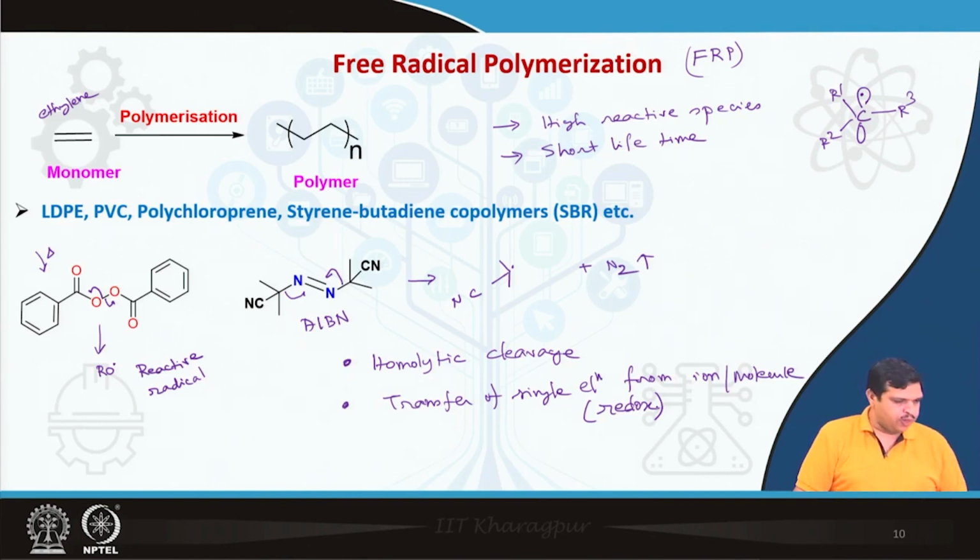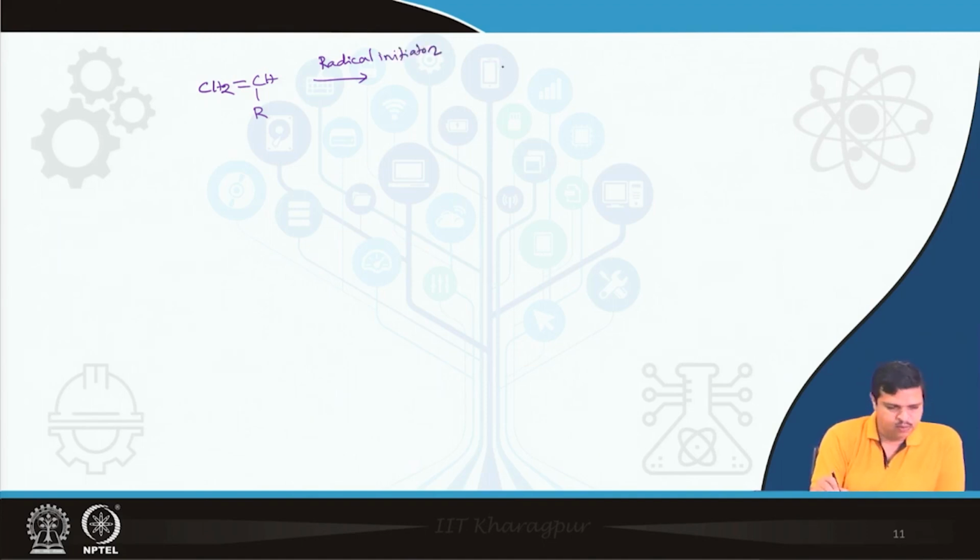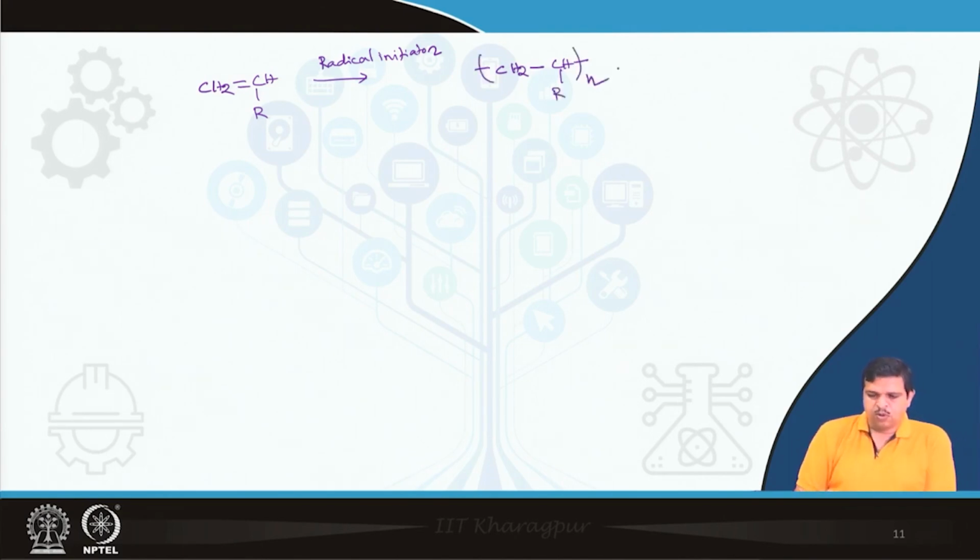Fine. So, let us take some examples, like this kind of monomer. We can do the radical polymerization if you use a radical initiator, and you can make the polymers.